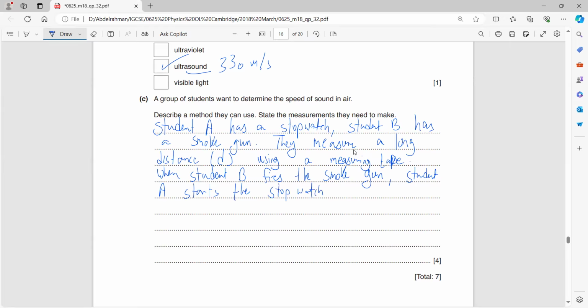And then what should he do? When student A sees this, or when he hears the sound, he will see the smoke first. He will see the smoke first. That's why he will start the stopwatch.